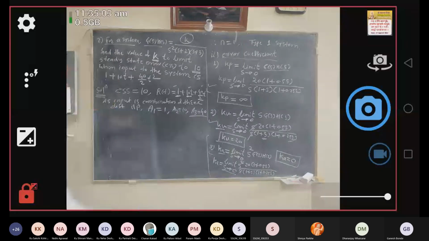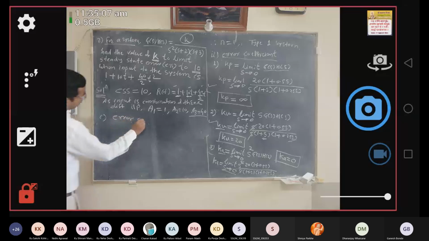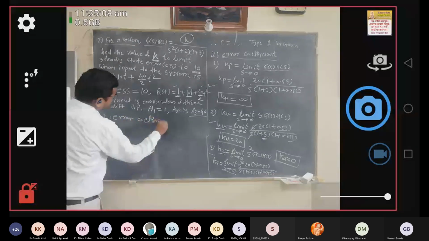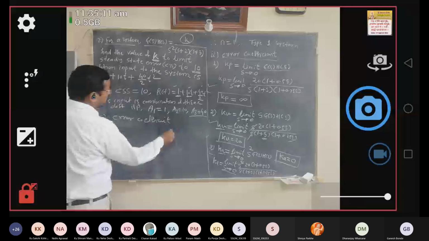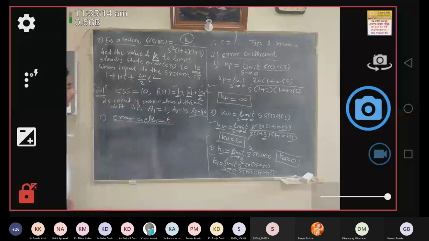Okay, so let's determine first the error coefficient. Okay, so find out first kp value. Tell me the value of kp.